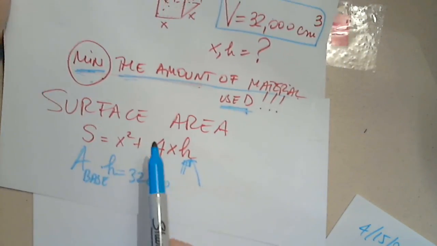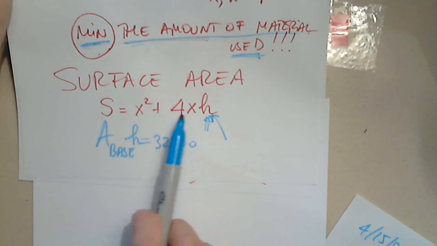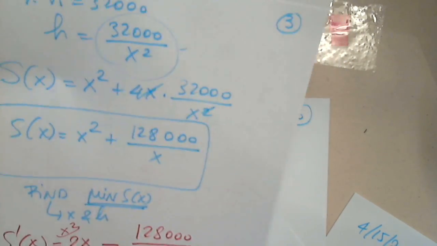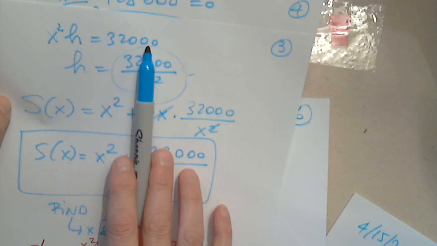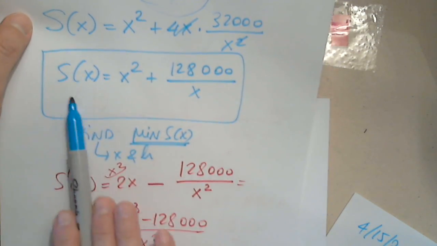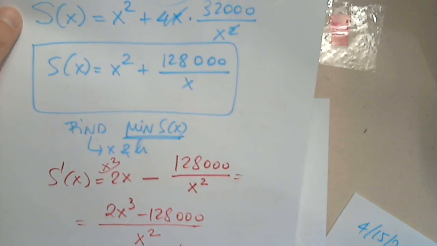So here we had a function, and it had two variables. It has x and h. And from the given information, I was able to remove h, writing 32,000 divided by x squared, and I replaced it, and now I have a function of one variable, and this is what I need to continue.